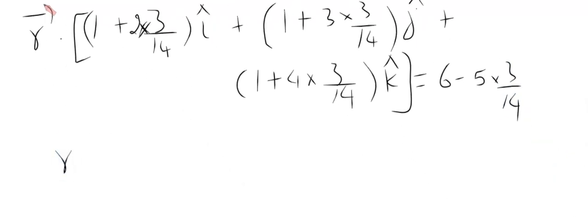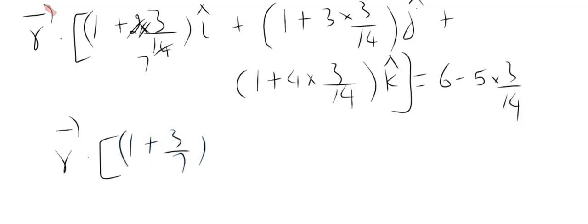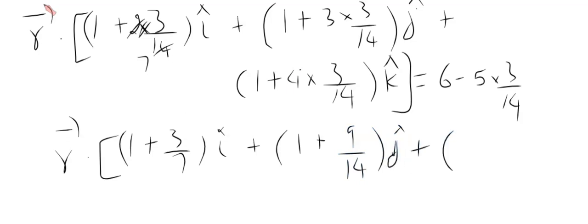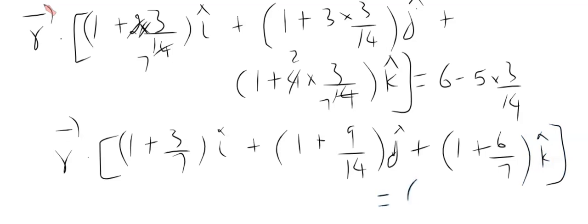That gives you r vector dot 1 plus, this can be cancelled, you get 1 plus 3 by 7 i, plus 1 plus 9 by 14 j, plus 1 plus, again this can be cancelled, 2 and 7, so that gives you 6 by 7, so 1 plus 6 by 7 k vector is equal to 6 minus 15 by 14.